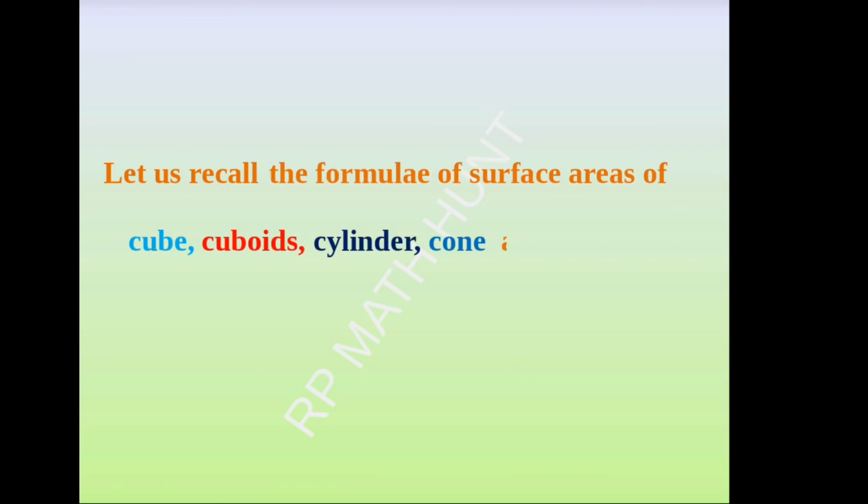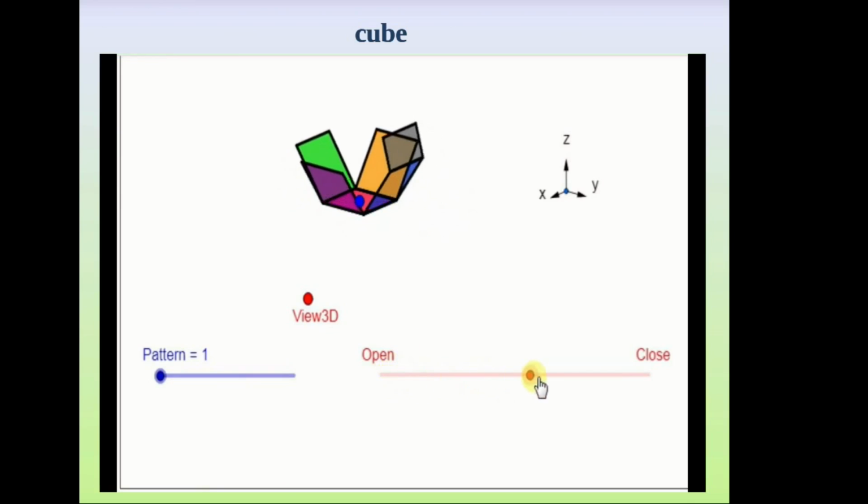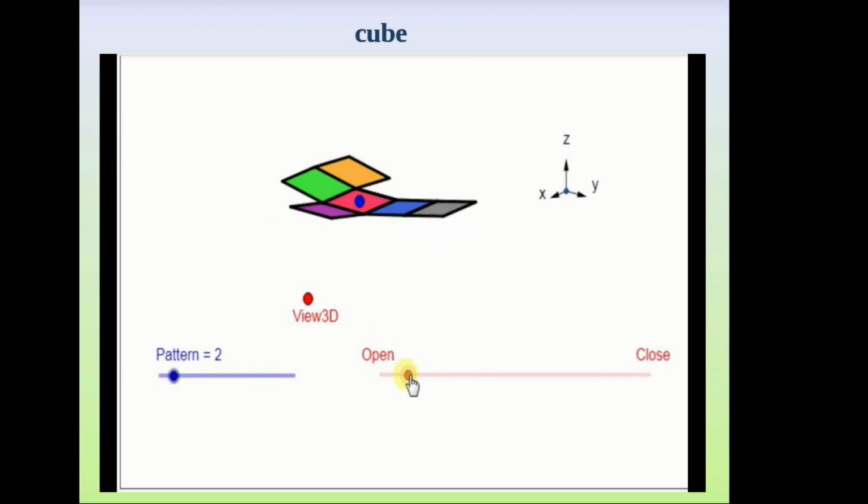Let us recall the formulas of surface areas of cubes, cuboids, cylinders, cones and spheres, and volumes also. Observe, my dear children, the cube, how it is constituted. This is pattern 2.